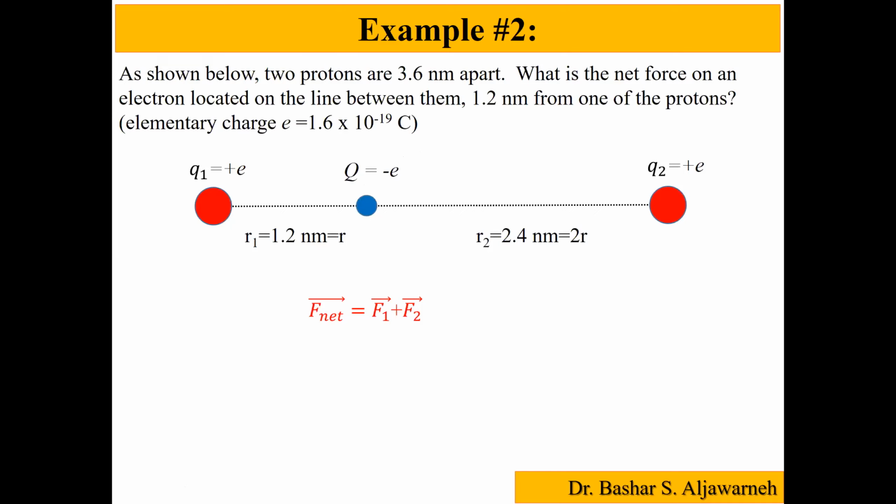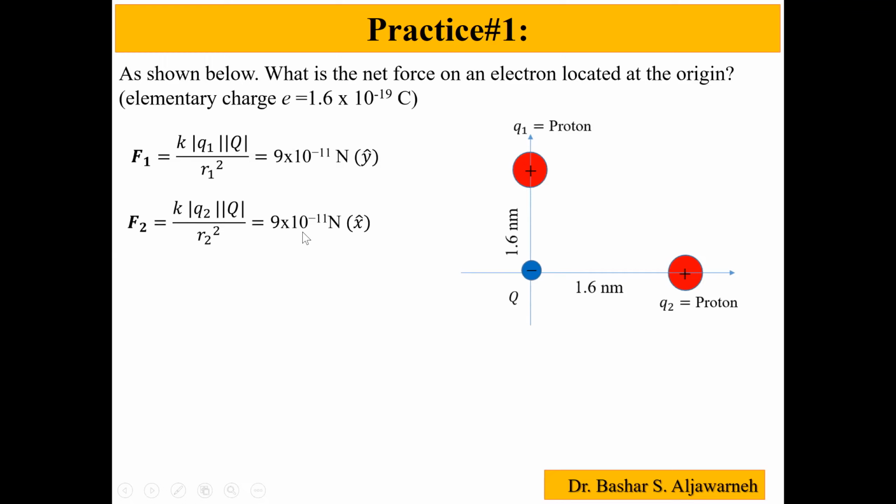Same procedure with F2, which is K Q times Q2 divided by R squared. It will give you 9 times 10 to the power minus 11 Newton. And since I have a negative and a positive charge, the direction will be attraction, all the way to the positive x-axis. Now, let me draw F1 and F2. Obviously, the angle between them is 90 degrees, and the net force will be something like this between F1 and F2.